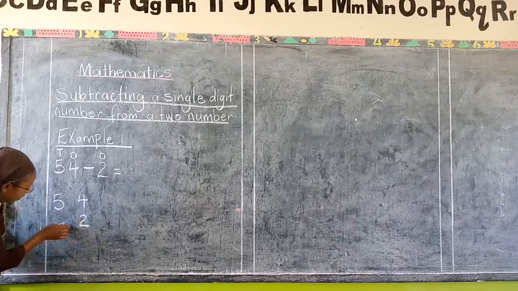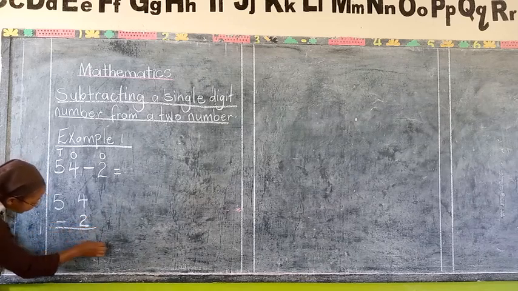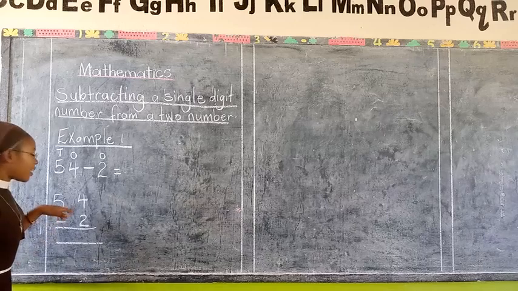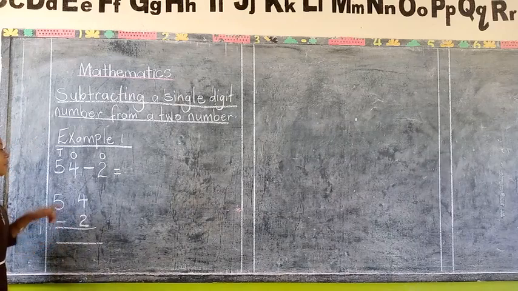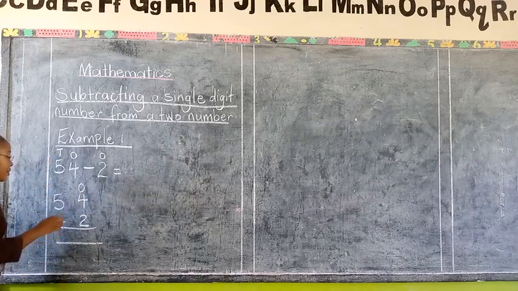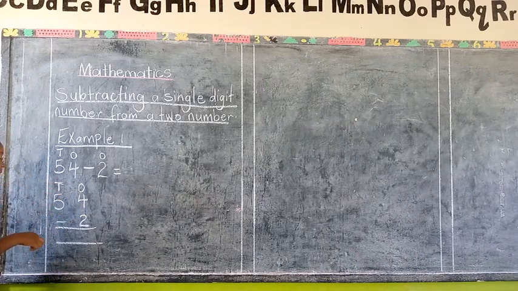We write our minus sign here and we draw our equal signs. We shall mark the place values. We have already marked. Under the place value of ones, we have 4 and 2. So we shall write ones here. And the next place value is the tens. We already marked that 5 is under the place value of tens.